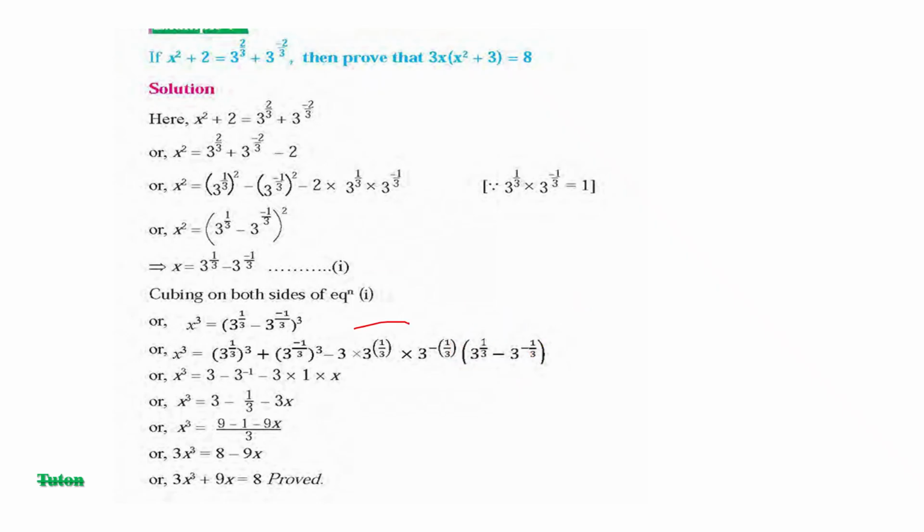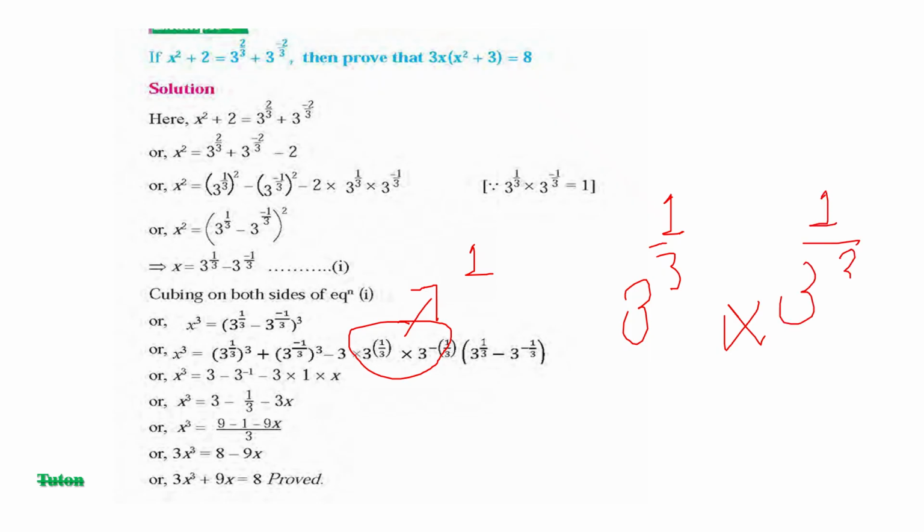And regarding this term, it is equal to 1, as 3 to the power 1/3 multiplied by 3 to the power negative of 1/3 gives 3 to the power 1/3 minus 1/3.